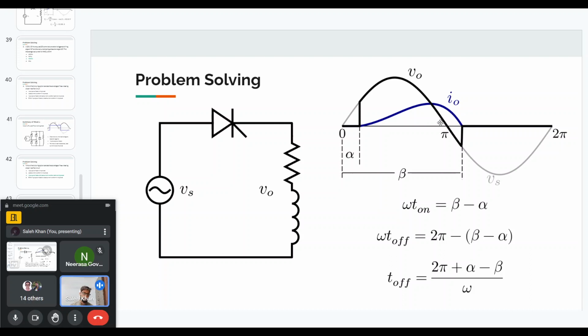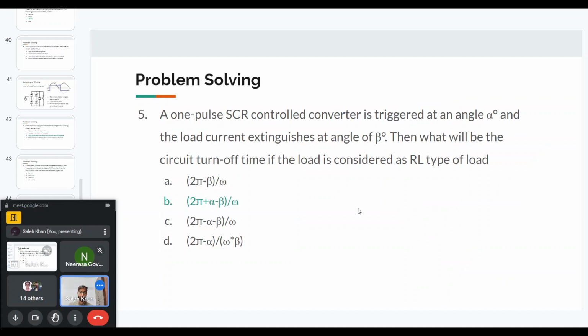The off time will be the rest of the duration, which is 2 pi minus the on time, so 2 pi minus beta minus alpha. If you find T off, you will get 2 pi plus alpha minus beta, divided by omega. That is the turn off time of this circuit. So the answer B is correct: 2 pi plus alpha minus beta.